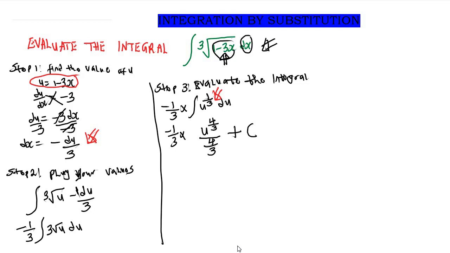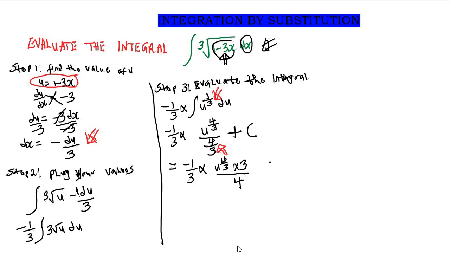Now this is equal to negative 1 over 3 multiplied by the reciprocal of 4 over 3. So this is u raised to the power of 4 over 3, then multiplied by 3 over 4, because if we take the reciprocal of 4 over 3, 3 is on the numerator, while 4 is on the denominator.